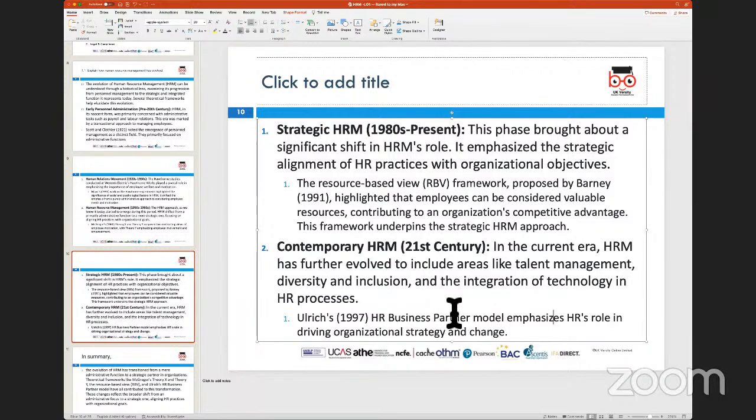The Ulrich model talks about four key roles which HR plays with the changing needs of the business organization. The HR person has to work as a strategic partner to manage some of the HR practices and keep aligning the goals of HR employees with the strategy and long-term vision of the organization.